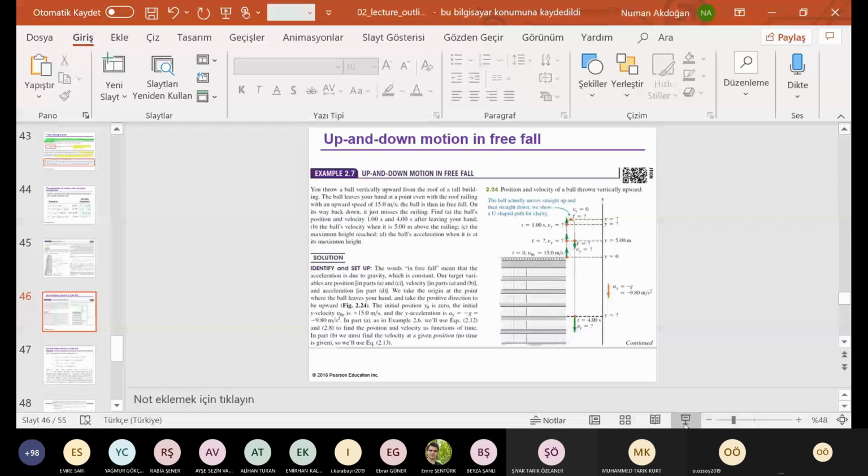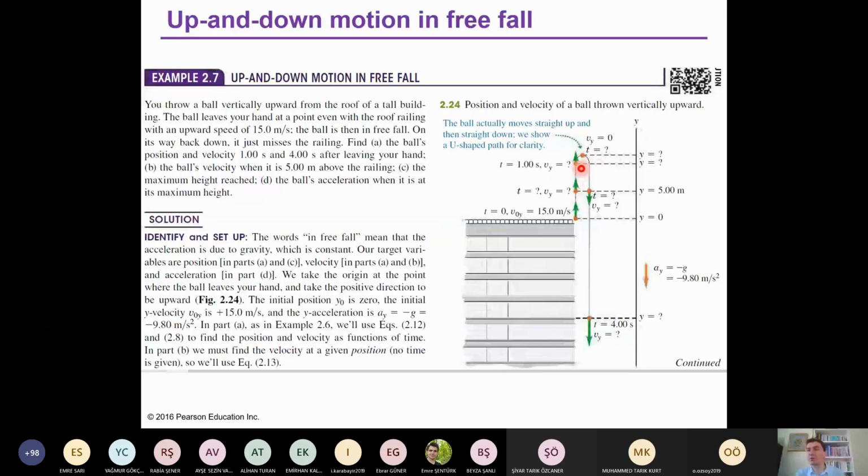This is also free fall, okay? Maybe you think that only the downward motion is free fall. No, that is not correct. This motion is also free fall because we are talking about the influence of only gravity during this motion also. For this reason, it is also free fall.